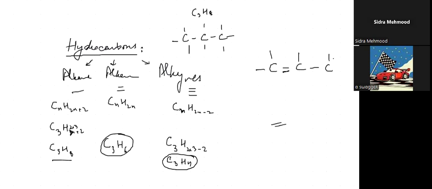It's C3H6. So just having one double bond, 2 hydrogens are decreased. Another bond increases, and you can see 2 more hydrogen atoms are decreased.